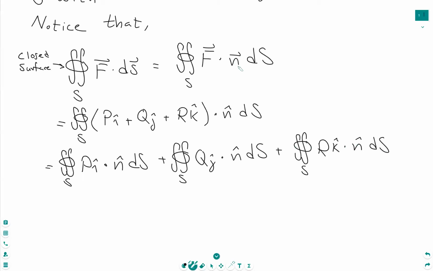I kept going back and forth between the vector hat and the hat. The normal is always typically a unit vector here, so it's okay to write n hats.